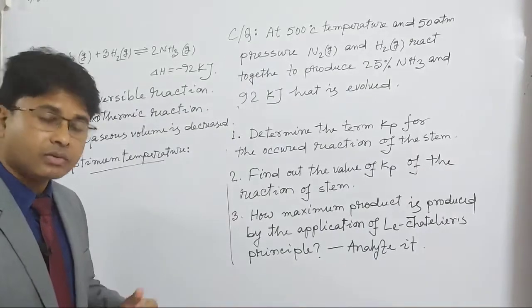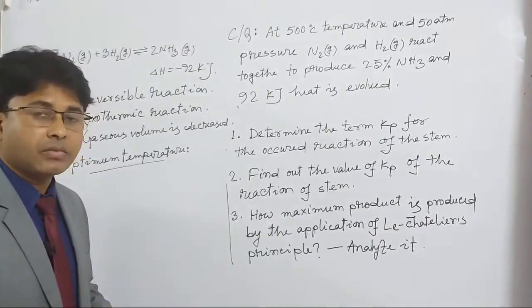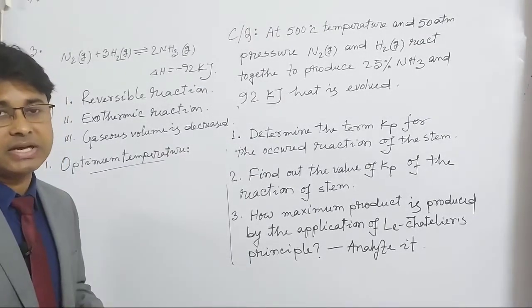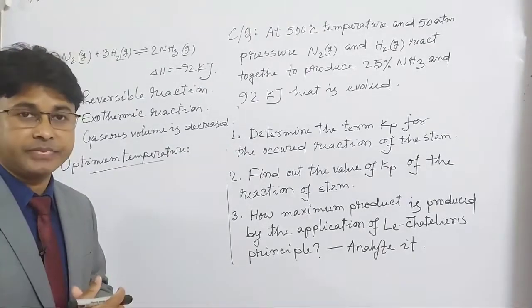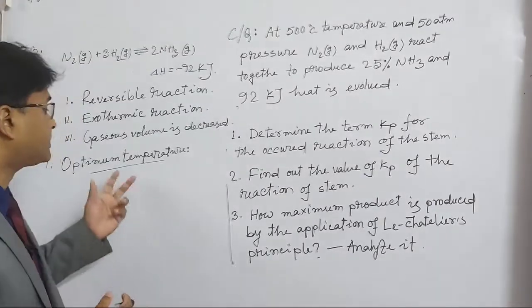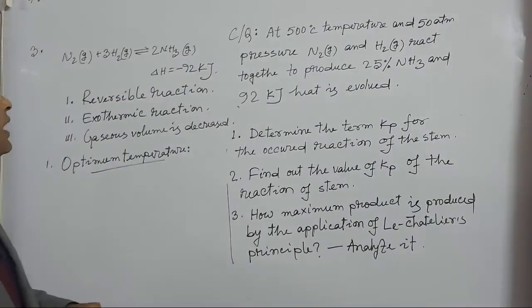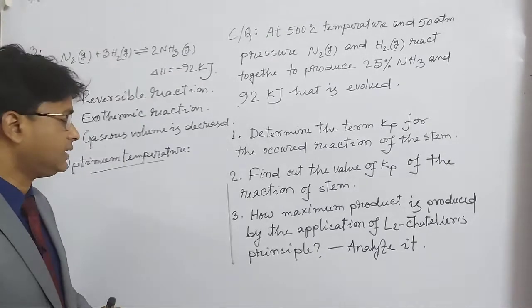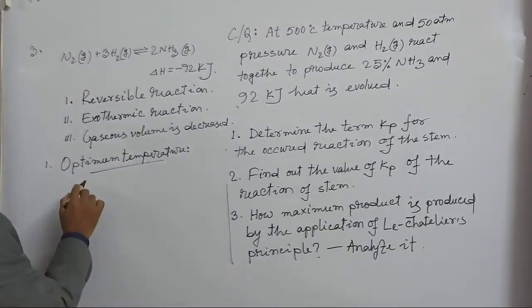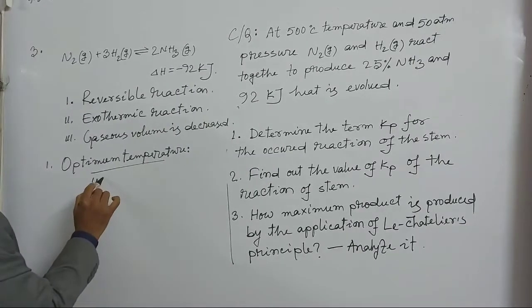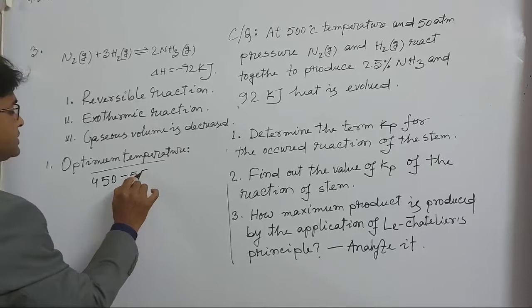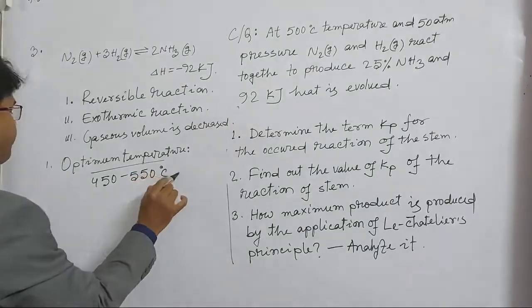But at low temperature, the rate of reaction is also low. This is a contradictory condition. In this condition, optimum temperature is applied to produce maximum ammonia, and in this case the optimum temperature is 450 to 550 degrees centigrade.